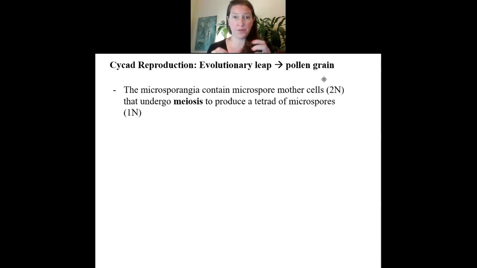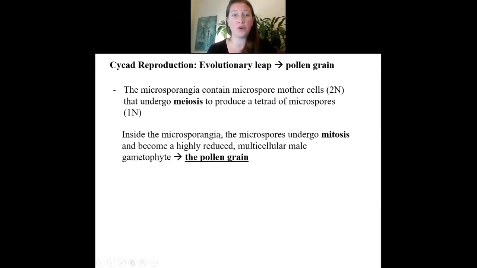So inside the microsporangia, which we just saw on the strobilus slide, there are those microspore mother cells that are 2N that are going to undergo meiosis to make the tetrad of microspores, right? This should start to be really familiar now. After the microspore mother cells undergo meiosis to make the microspores, those microspores are going to undergo mitosis to make a couple extra cells, and that's what we now call the pollen grain, and that's the highly reduced male gametophyte plant, right?